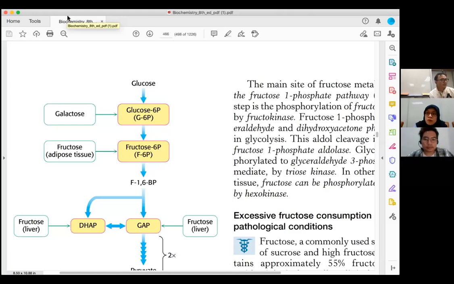So only stem cells can proliferate, right? And if you know the fact that cancer cells are mutated stem cells, then you understand that cancer cells rely on glycolysis.